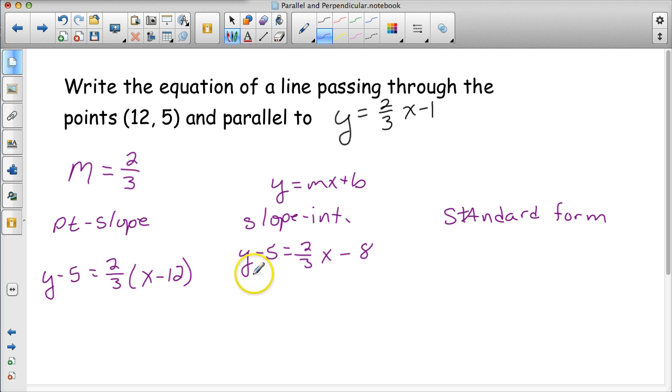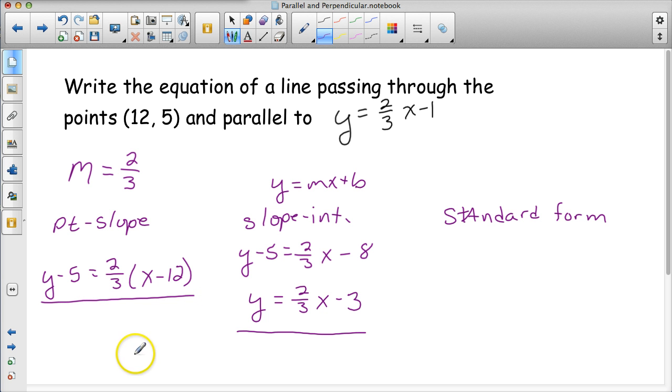Now I simply add 5 to both sides. So y equals 2/3 x minus 3. This is the equation of the line in slope-intercept form, while this is the equation in point-slope form.